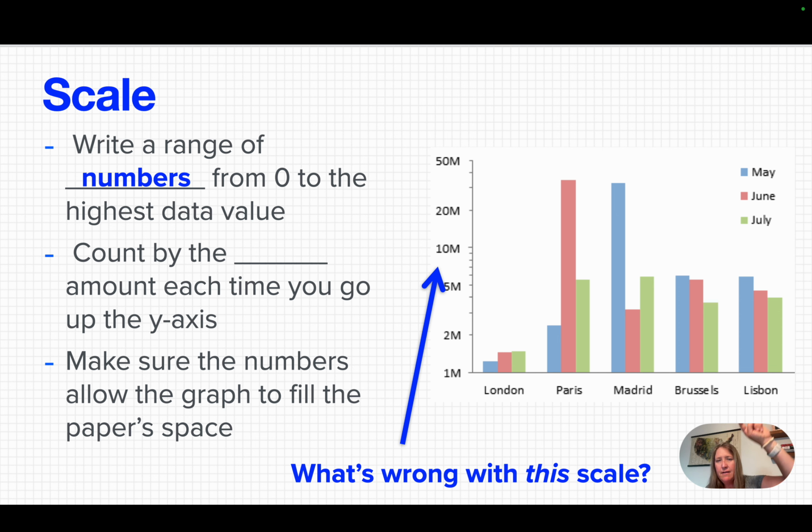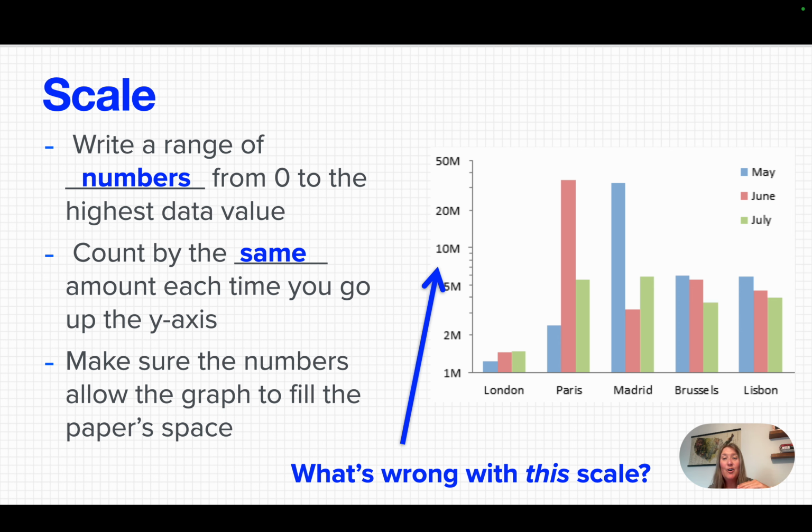Remember, y goes high to show the values. Now, when you're doing the scale, you have to count by the same number for every little mark on the graph. This is a really bad one because the marks are not even. It should go 1, 2, 3, 4, 5, all the way up to 50.